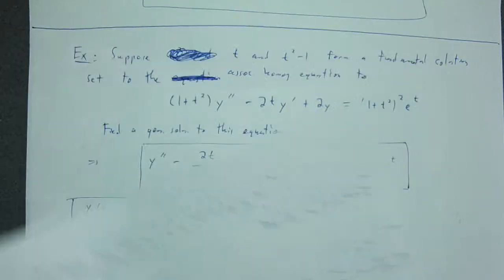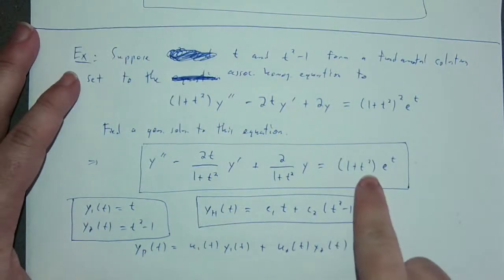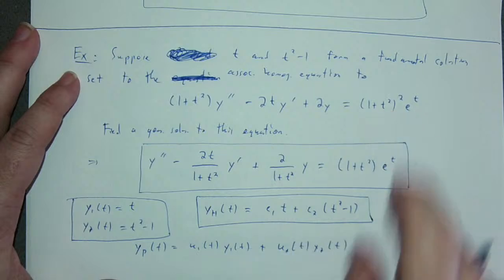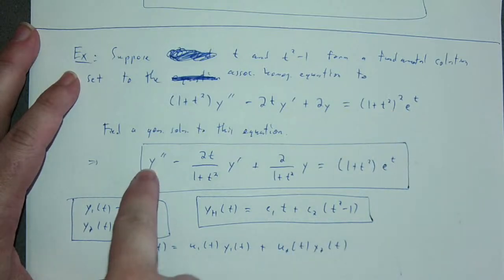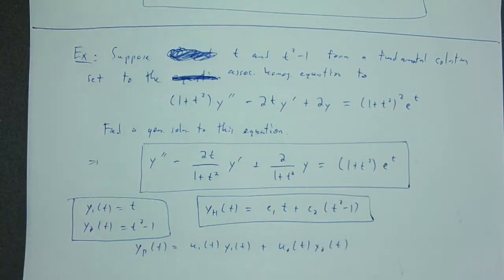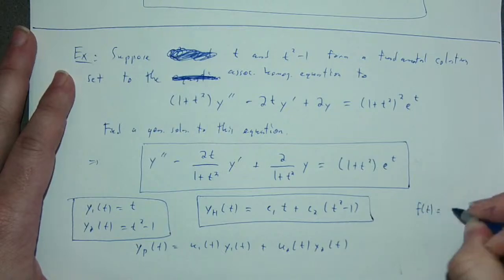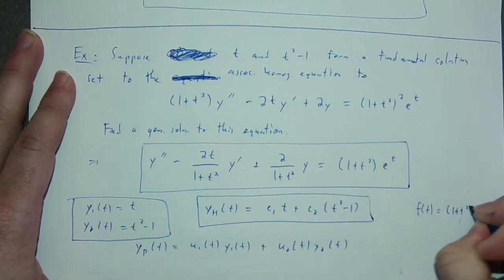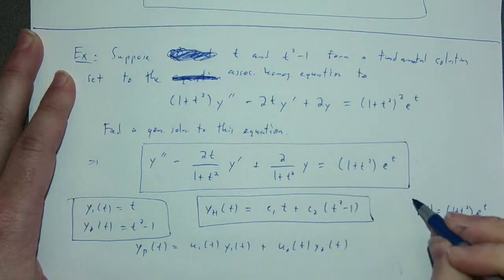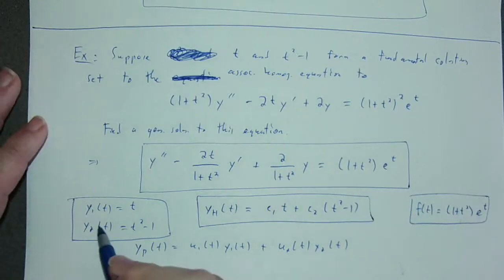Be careful here: this is my f, not the thing I started with, because now the equation is in linear normal form for a variable coefficient second order equation. So f of t is 1 plus t squared e to the t.